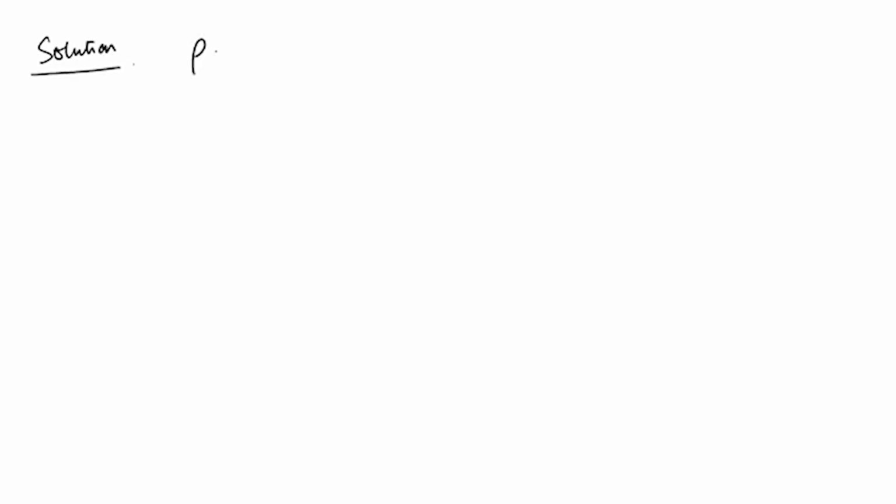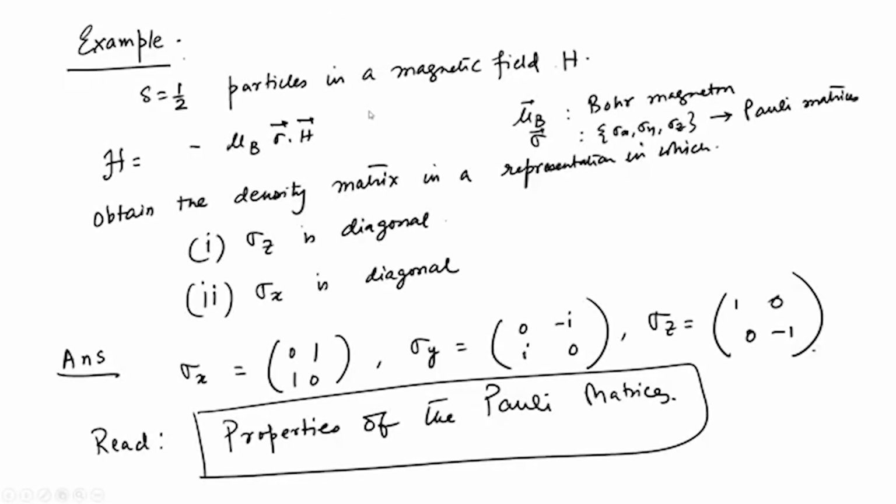We have the density matrix equal to exponential minus beta H divided by the trace of exponential minus beta H. H is already given. Let us call it equation 1.